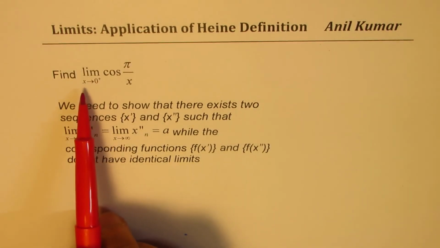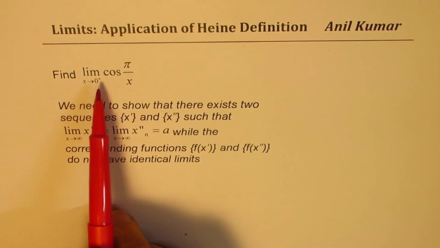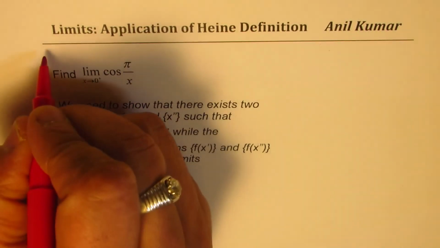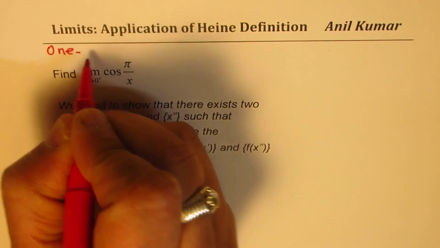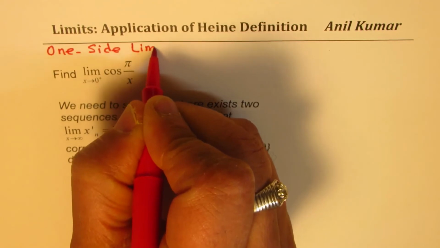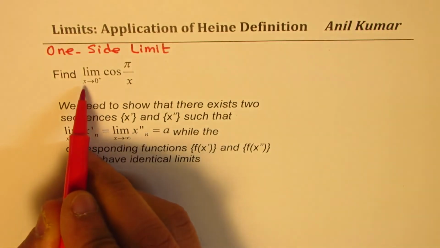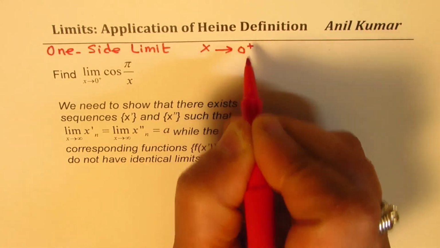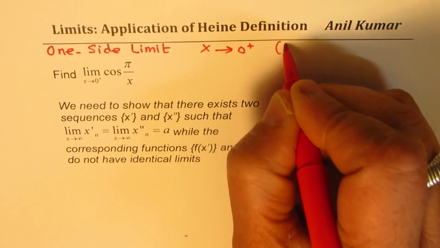Find the limit, one-side limit, as x approaches 0 from the right side for cos pi by x. So we are trying to find a one-side limit here. So when I say x approaches 0 from the positive side, this is from the right side.